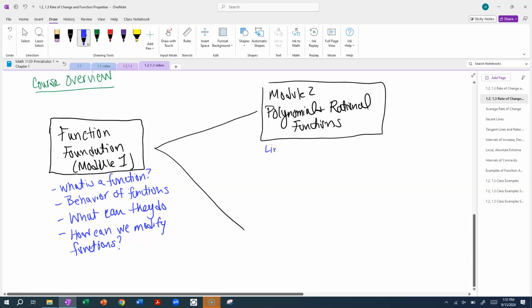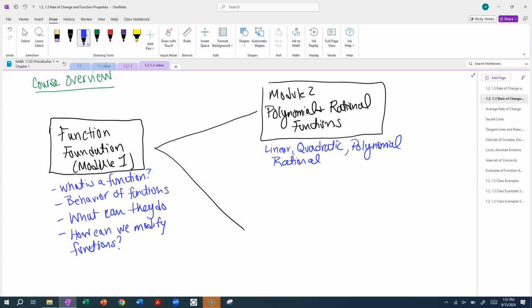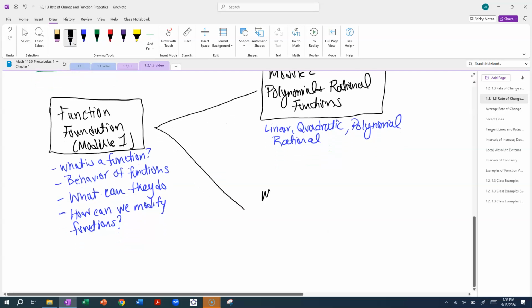We have the linear functions, so lines, and we have quadratics. We don't do cubics as heavily, but in general we do polynomials. Then rational functions, in that order because they naturally build. Rational functions are ones where you have fractions. We discuss each one of those function families, and after that, we go to a different class of families in Module 3.